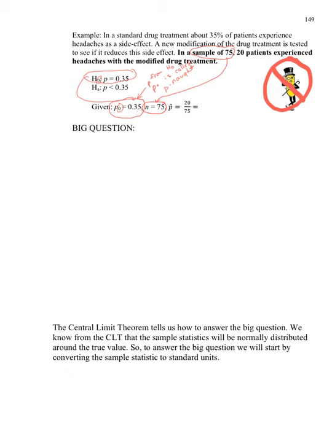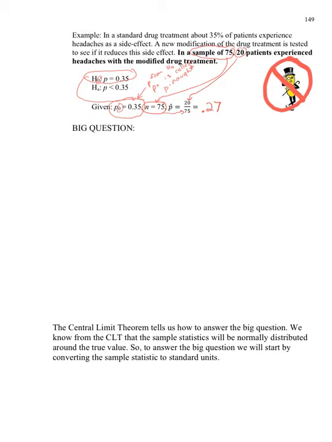So the sample percentage is 20 over 75, which is 0.27. Our alternative hypothesis, what the researchers were hoping to show, is that the percentage getting side effects was reduced. 0.27 is less than 0.35, so it was reduced in our sample.